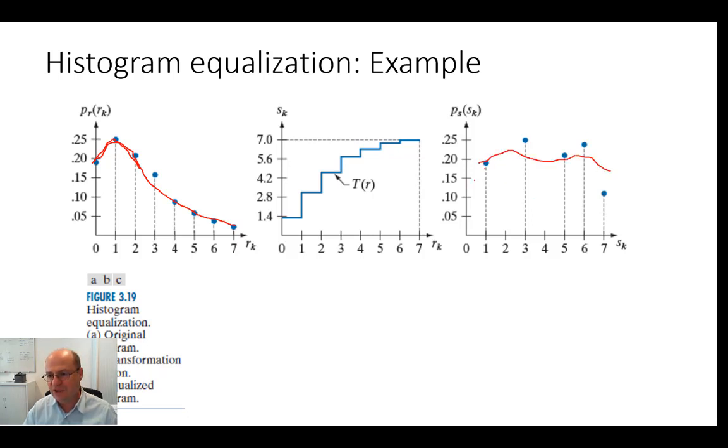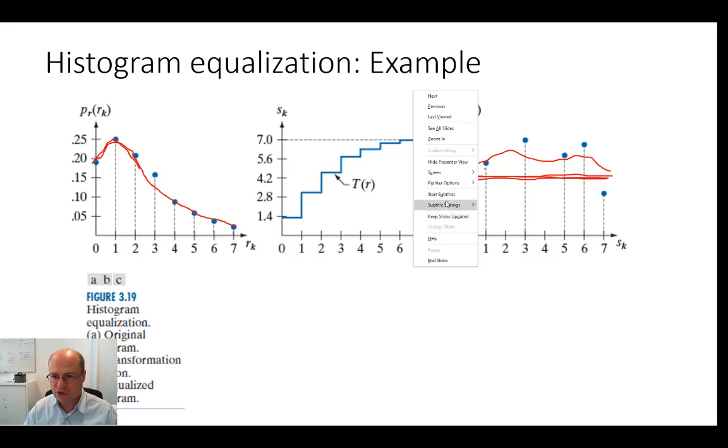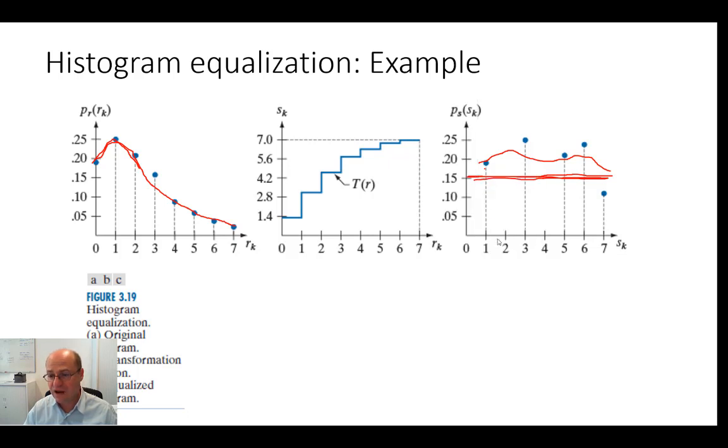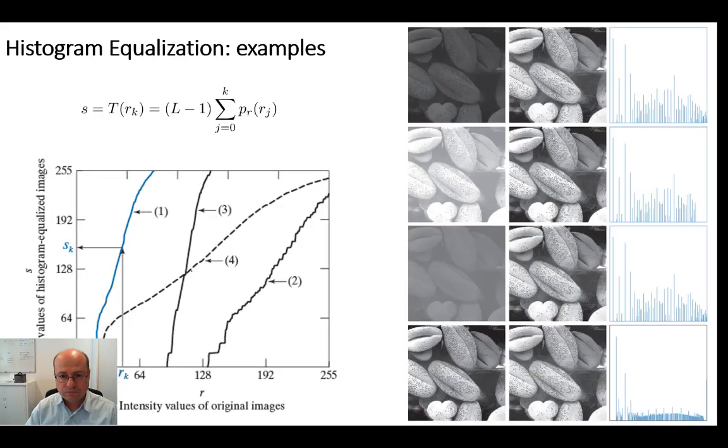You will never get a straight line, a totally equalized histogram, because we can't introduce new information to the image. These numbers are calculated according to the number of pixels that I have in the original image, right? The idea is quite simple.